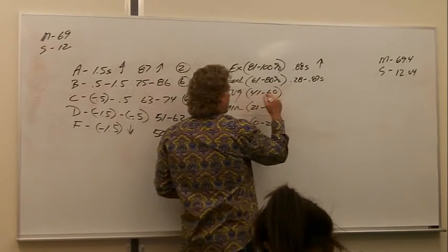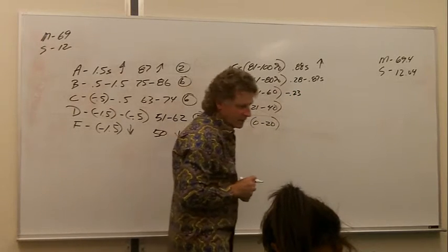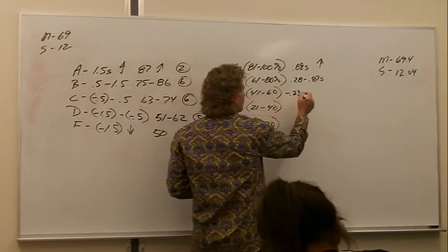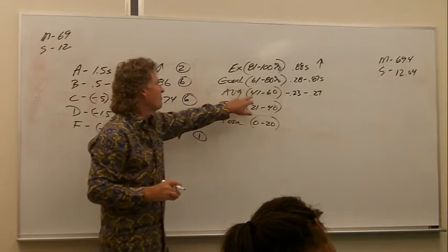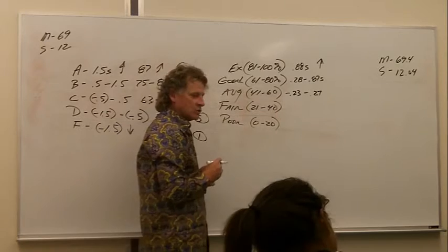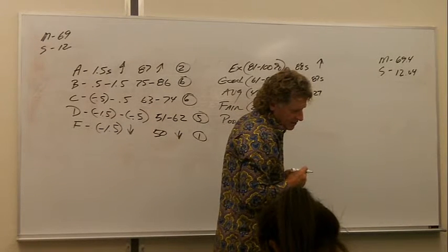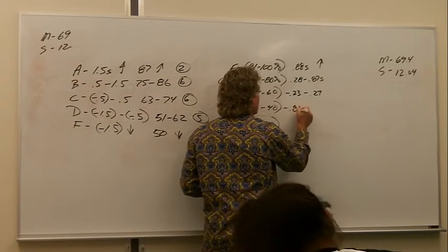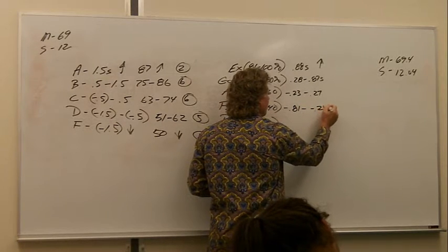So average is 41. I believe it's a negative 0.23. Is that right? Yes. Negative 0.23 to a 0.27. That's considered the average. That's the 41st percentile to the 60th percentile. We go down to fair, it's the 21st, and the 21st is a negative 0.81, negative 0.81, up to a negative 0.24.